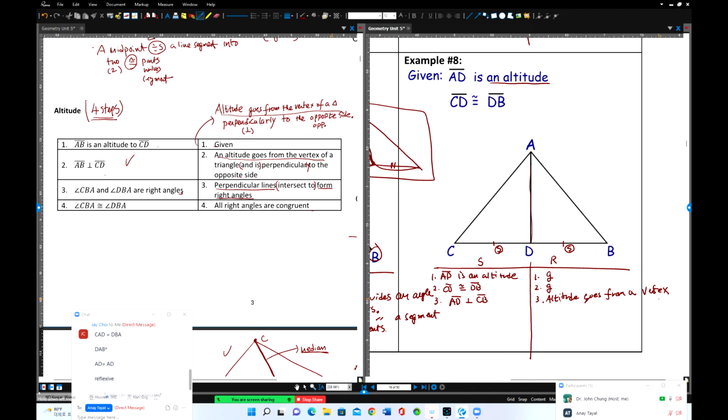Vertex is fine. An altitude goes from a vertex because we know that is a triangle. Sometimes we skip triangle, so just writing this is okay too. An altitude goes from a vertex, perpendicular to the opposite side.